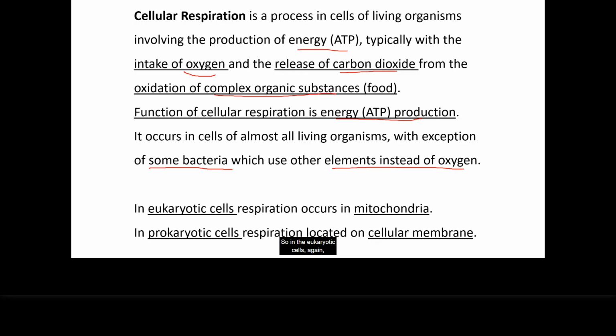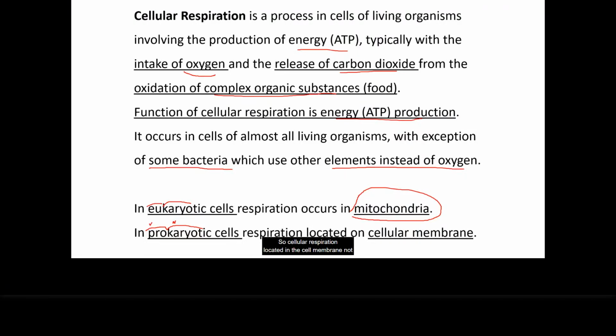In eukaryotic cells, remember, karyote means nucleus and eu means they have this nucleus, more complex like plants and animals, cellular respiration occurs in the mitochondria. In prokaryotic cells, pro means without nucleus. This is an older type of living organism, such as bacteria, for example.